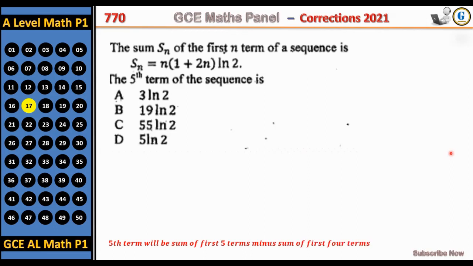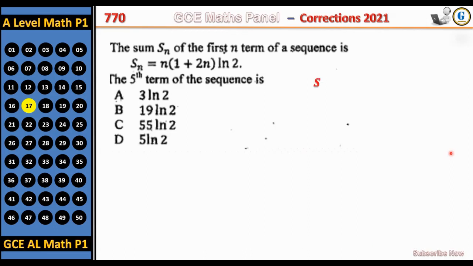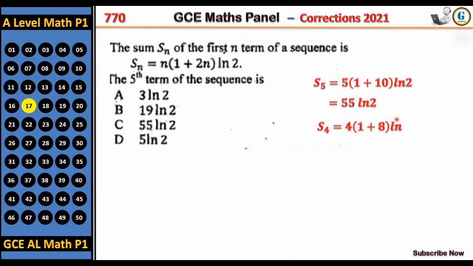So putting in these values, S5 is equal to 5 into 1 plus 2 times 5, which is 10. So 1 plus 10 times ln 2, and simplifying gives us 55 ln 2. Equally, S4 will be equal to 4 into 1 plus 2 times 4, that is 8, times ln 2, and this is equal to 36 ln 2.